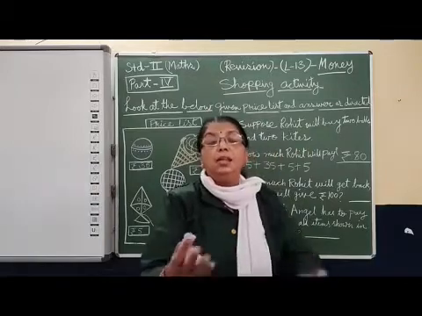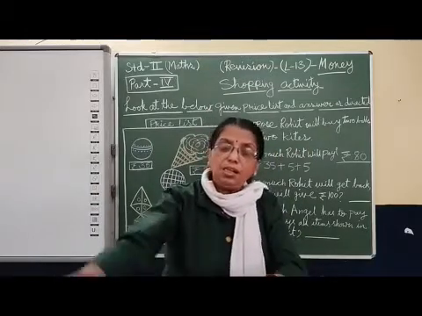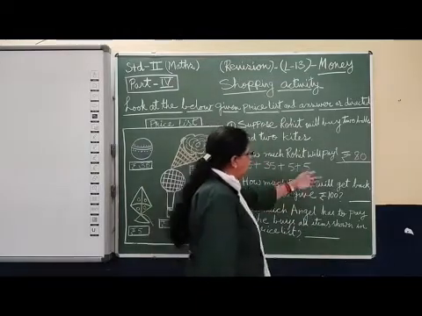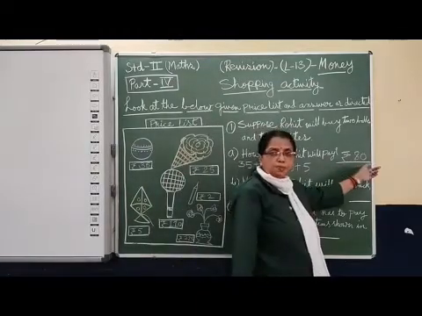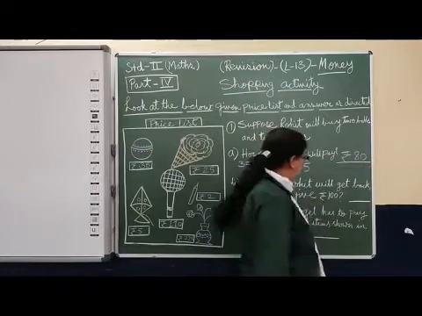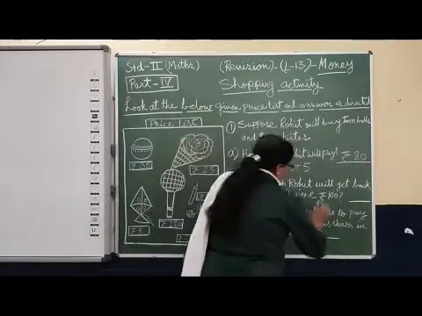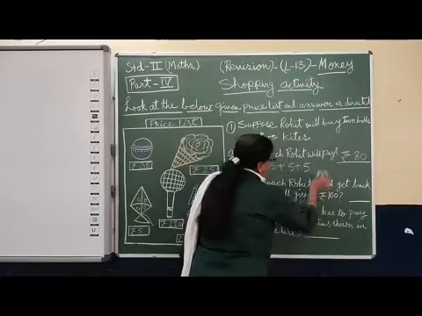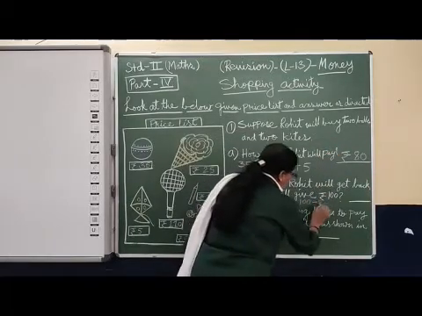Now here you have to think how much money the shopkeeper will return to Rohit. How to find out? He has to give 80 rupees to the shopkeeper, but he has given 100 rupees. How to find out? Here in rough work we will do 100 rupees he has given, 80 rupees he has to give to the shopkeeper.